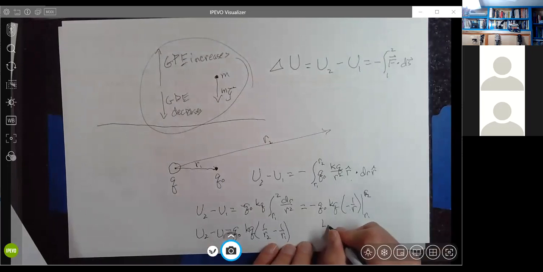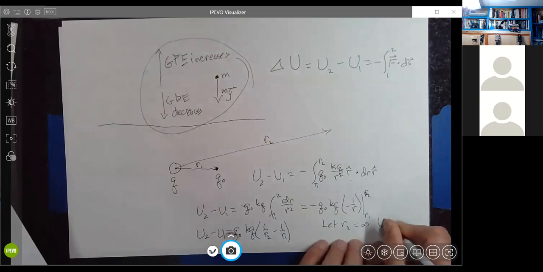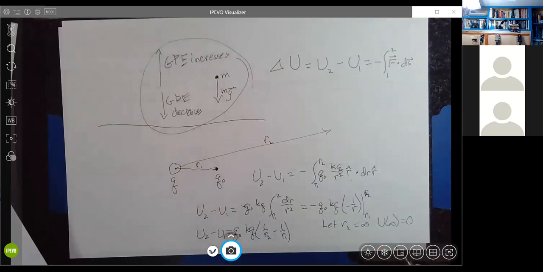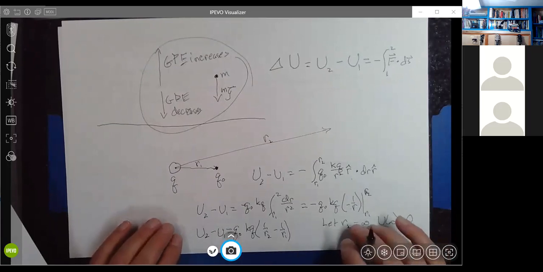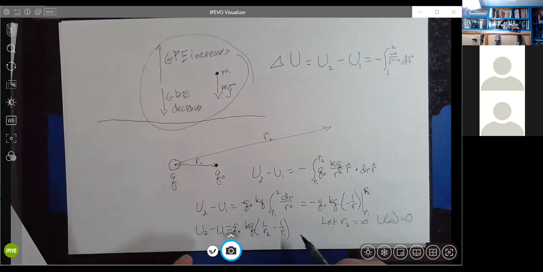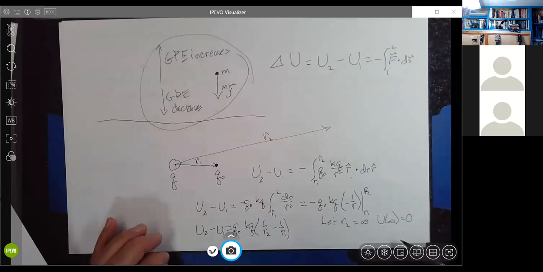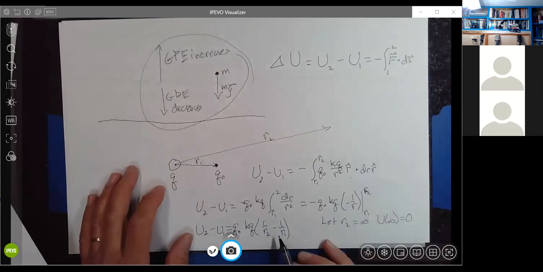So let R2 equal infinity and U of infinity equals 0. That's the conventional choice for charge distributions, especially point charges. Sometimes we'll let the potential energy be 0 at different points, like electrical ground, but for this, we'll do that.